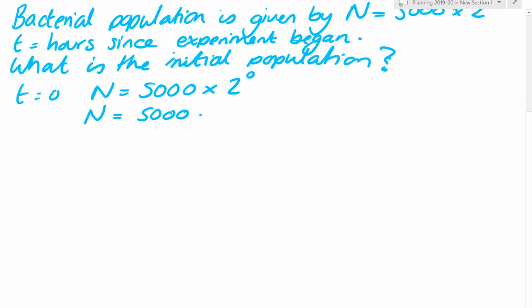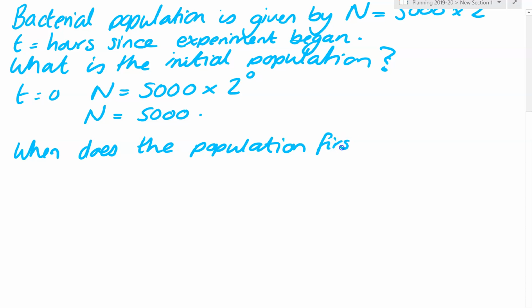We then ask, when is the population exceeding 1 million? I'm going to say first exceed, because obviously any time after it, it will exceed. So first exceed 1 million. Run out of space.